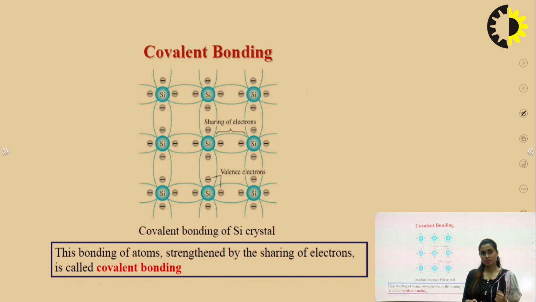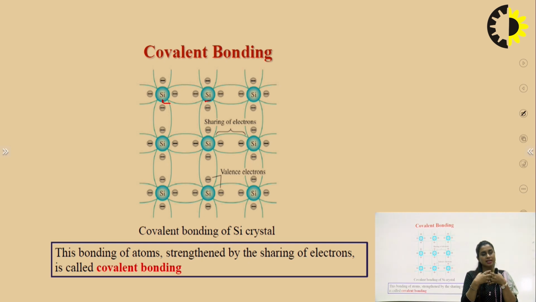Let's talk about silicon. Silicon forms a crystalline structure when one atom of silicon makes a bond with another atom in a way that their outermost 4 electrons share the outermost octet and complete it. One silicon has 4 electrons in the outermost shell, another silicon atom also has 4 electrons in the outermost shell.